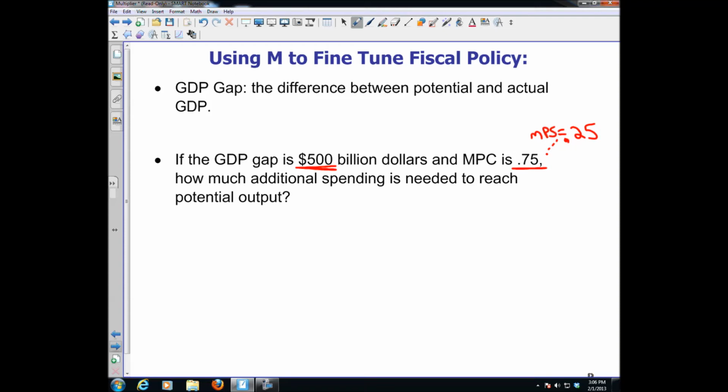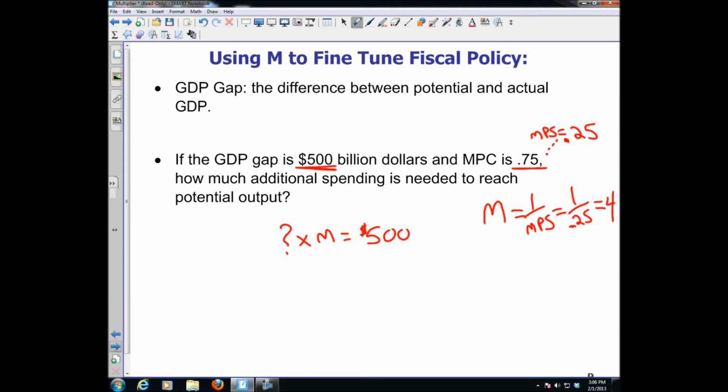So let's set this up. We have the amount of money that we're going to spend times the multiplier has to equal a total of $500 billion. First, let's calculate the multiplier, and then we can figure out how much spending needs to change by. So the multiplier is just going to equal 1 over MPS, which is equal to 1 over 0.25, which equals 4.